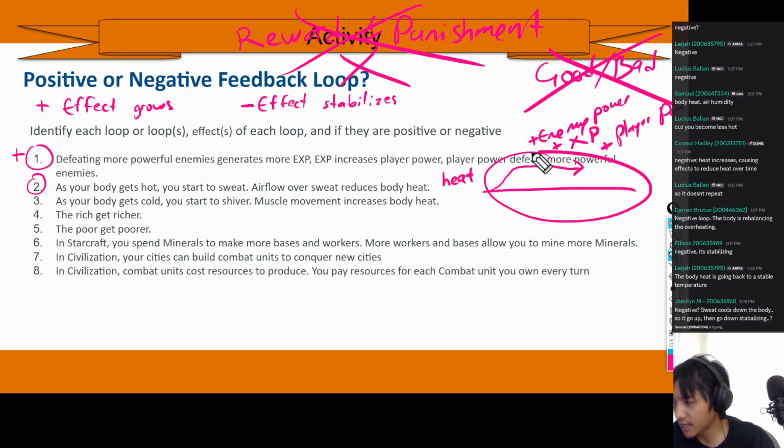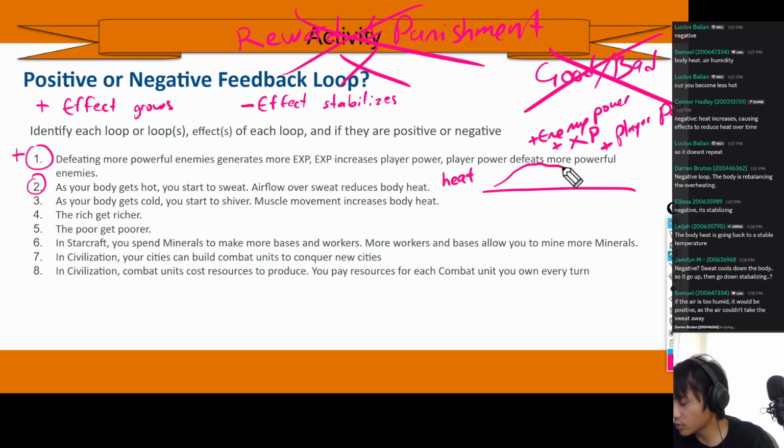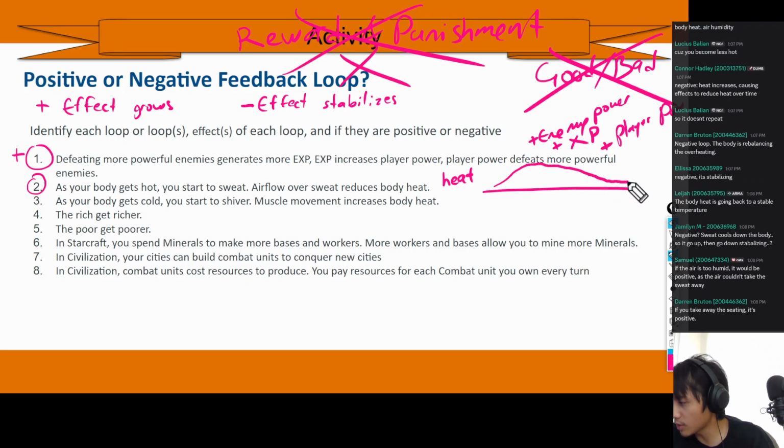So when you see this, or even if it goes like this, right? It could even, once you start sweating, drop the temperature and then stabilize below like that. If you take away the sweating, is it positive?